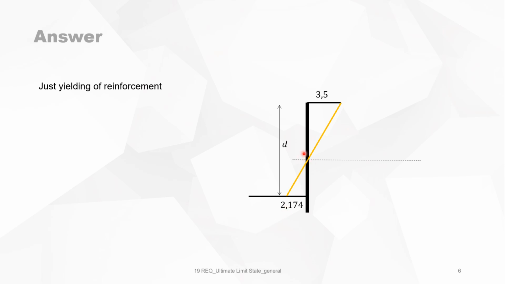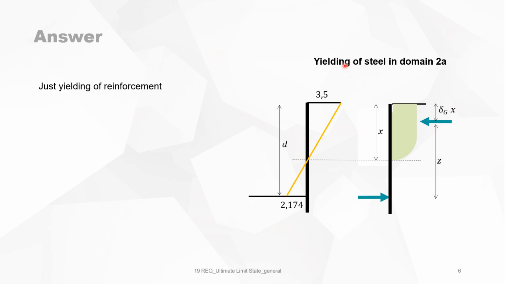Then the position of the neutral axis. We go over to the stresses. The force in the reinforcement is the total area of the reinforcement multiplied by 2.174. Then for the concrete, we have the concrete stresses and its position Z and X and delta G x.